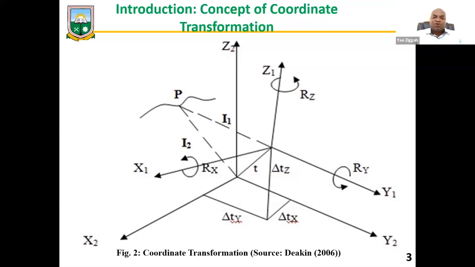We know that with the advent of GNSS technology, everybody has moved from the classical surveying procedures, which are time-consuming and labor-intensive, to the use of satellite technology. For example, the GNSS. The one we mostly know is the GPS.